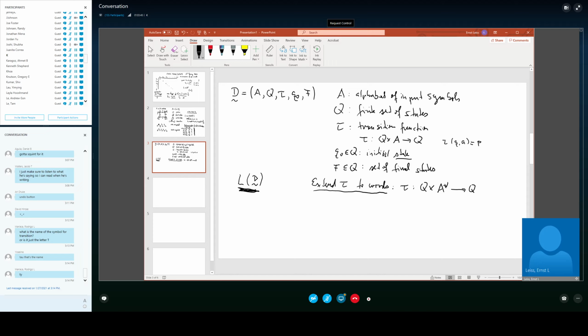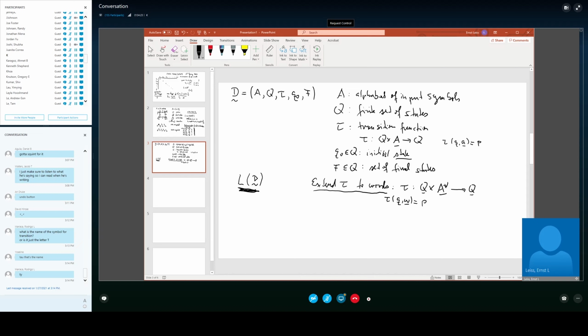So in that case, we want to do tau of Q and W, which is going to give us some state P. So these are states, and then there, instead of a letter, we want a word. And so we have to extend that transition function, tau, to words.